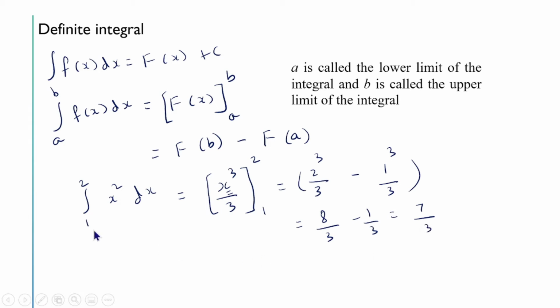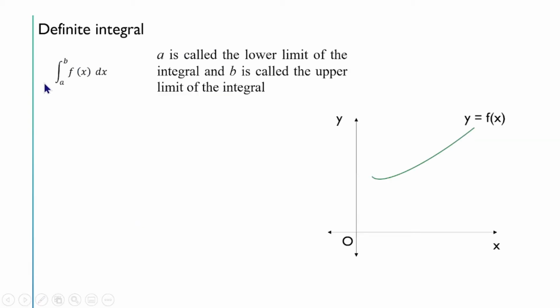So if we see this integral 1 to 2 x square dx, we are getting a definite value for this integral. So such integrals are called definite integrals. Now we will see what is the meaning of integral a to b f of x dx.